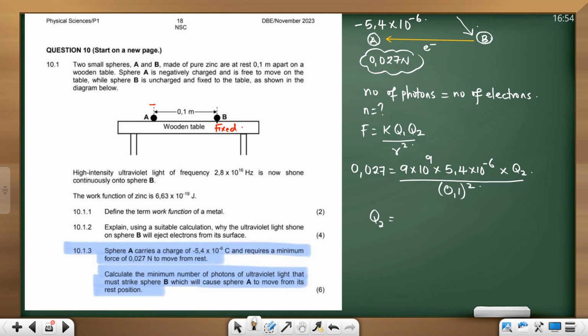Now that we have our Q, what do we then do from there? Let me write your answer down. My Q is 5,56 times 10 to the power negative 9.